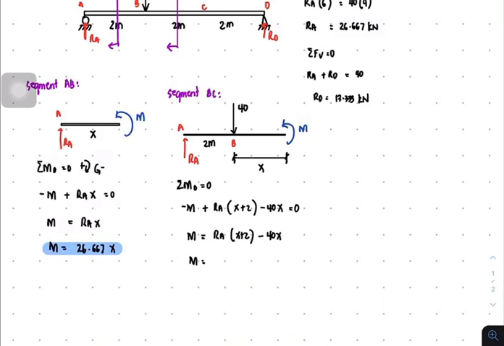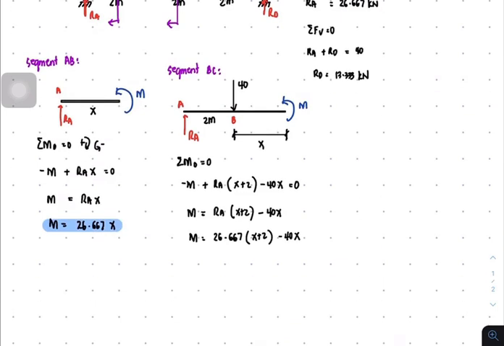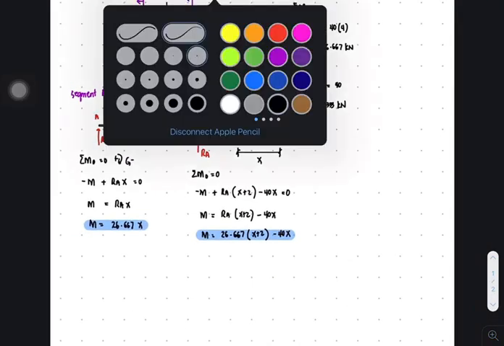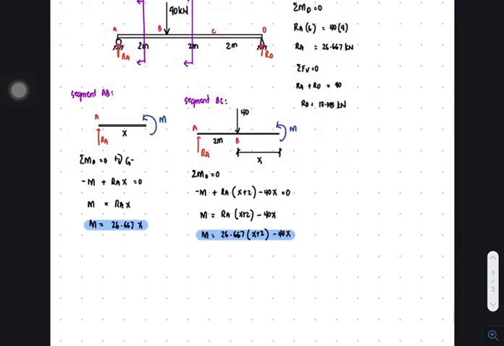Substitute RA, which is 26.667 times X plus 2 minus 40X. Do not distribute the 26.667 to X plus 2, so that at least it won't complicate your solution. Anyway, it won't matter since your calculator is just going to solve it for you.